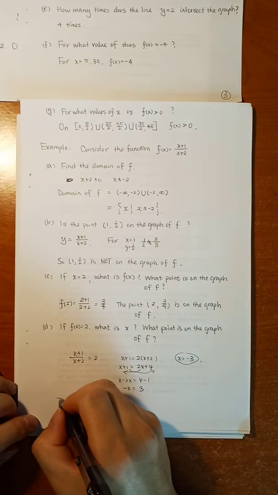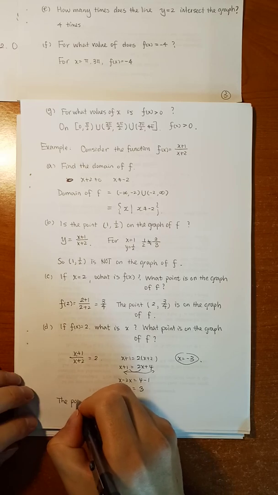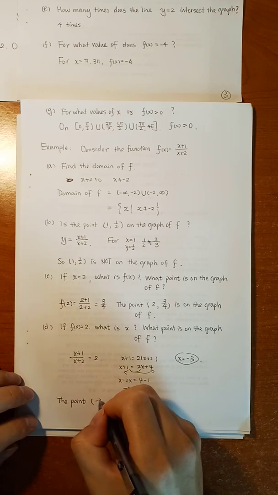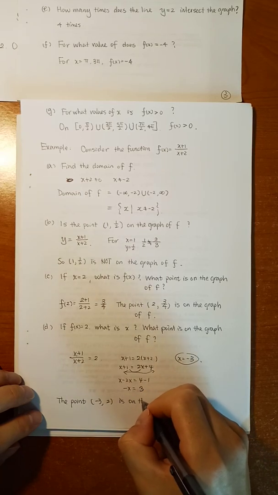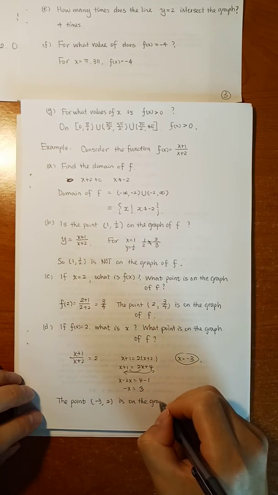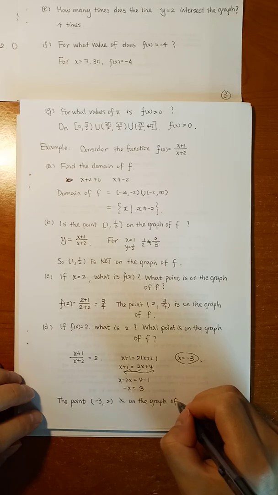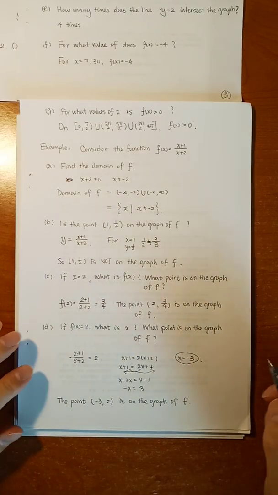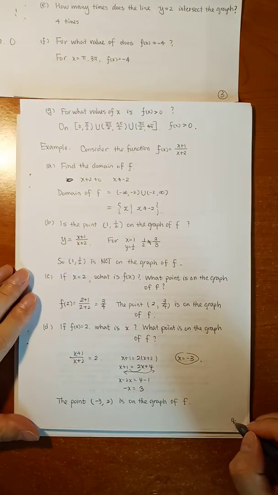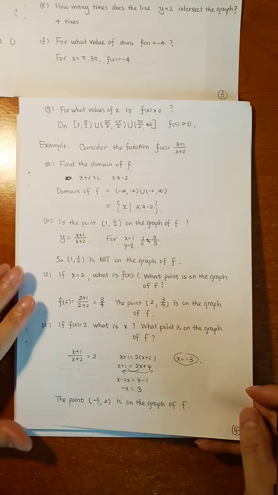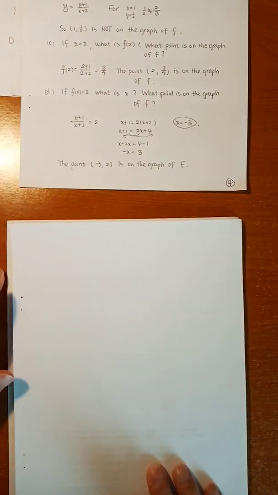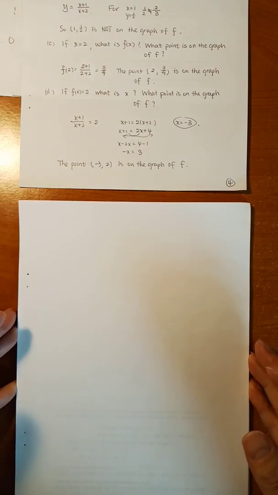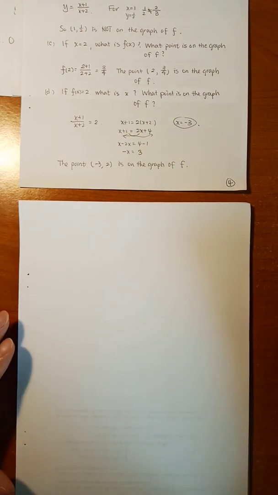So the point (-3, 2) is on the graph of f.